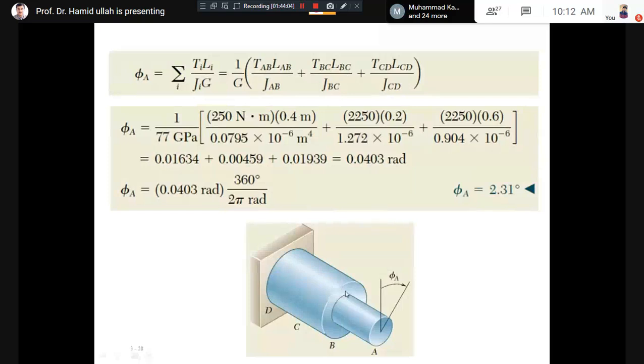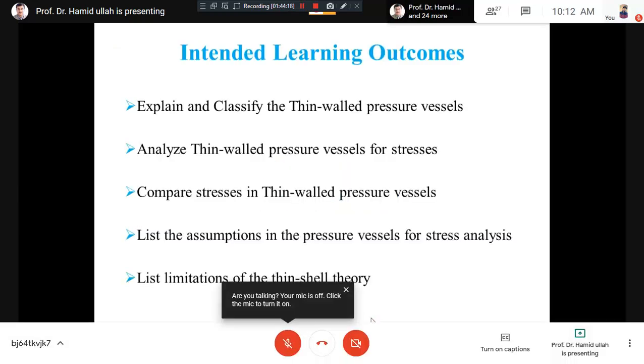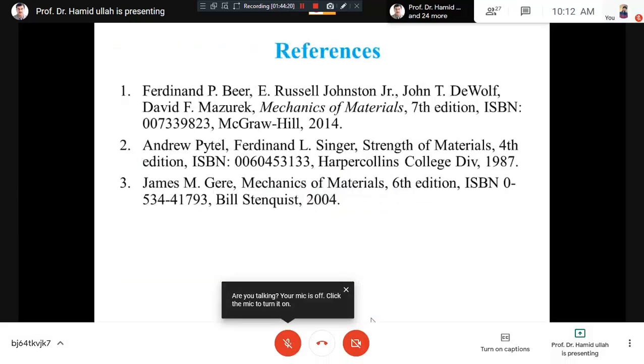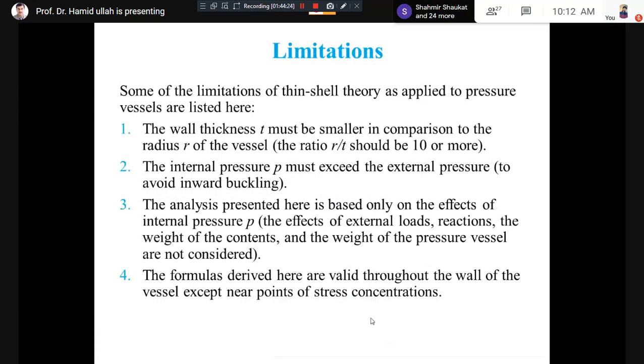Where there is a sudden change in cross section, at those points the stress is more compared to the other points, because of the effect of stress concentration. For those points, the formula is not applicable. Why?